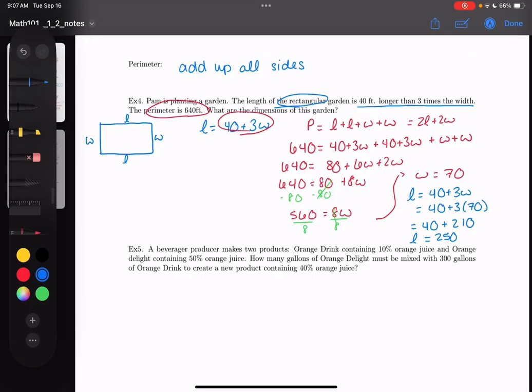So I'm going to write this a little bit nicer. I'm just going to say that my length is equal to 250 feet, and my width is equal to 70 feet. I'm not really strict about writing the units on there, but it is good to keep in mind.